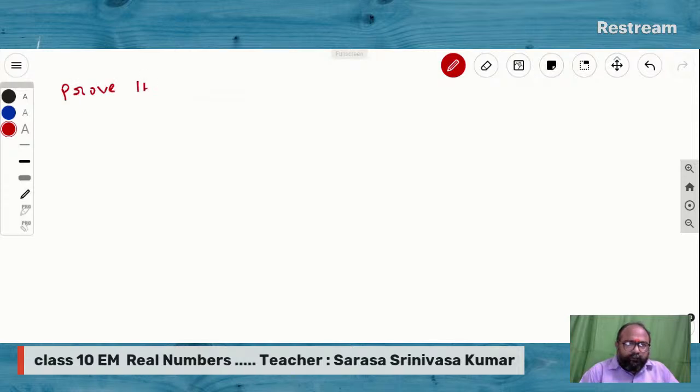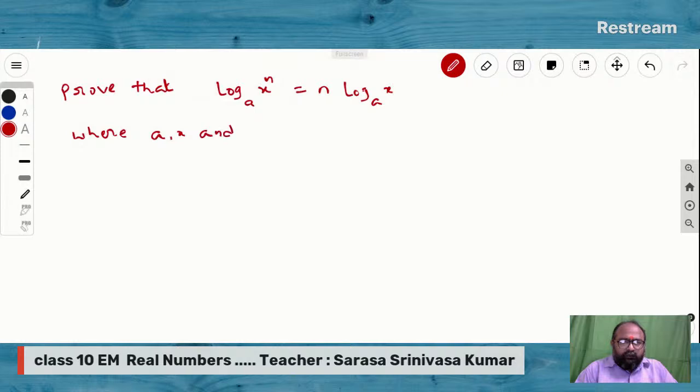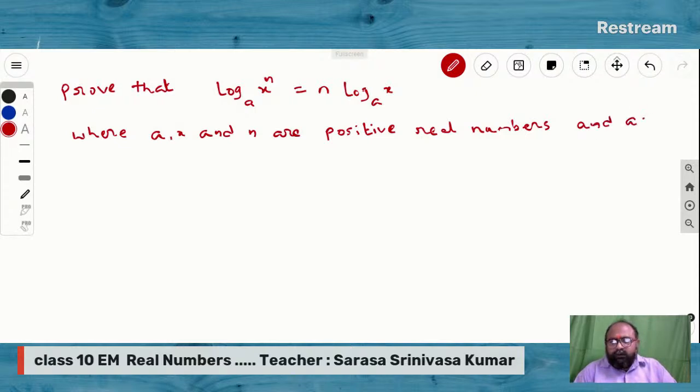Prove that log x power n to the base a equals n log x to the base a, where a, x and n are positive real numbers, and a is not equal to 1.